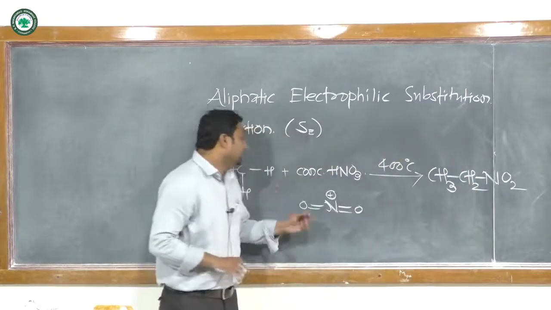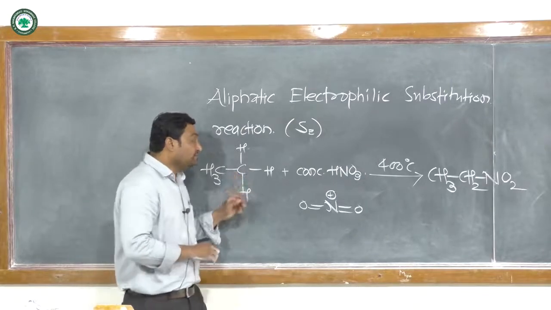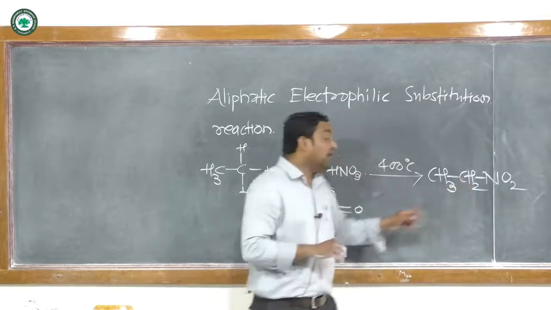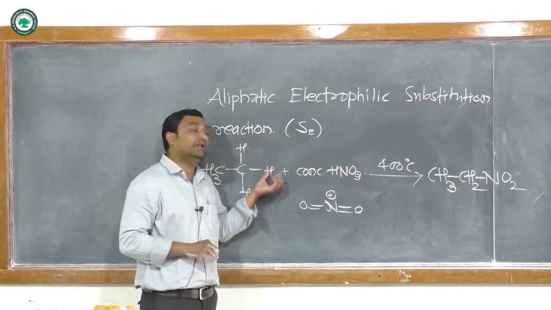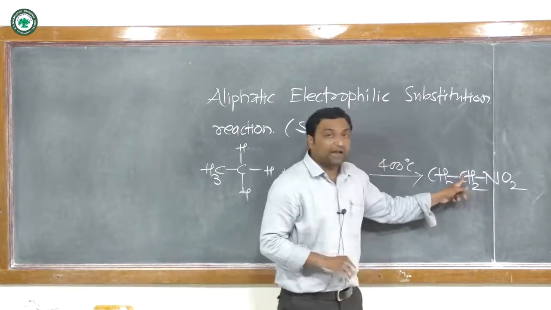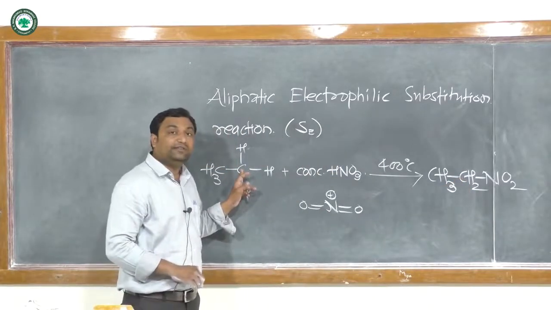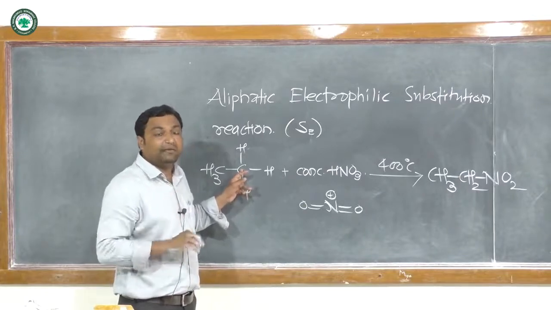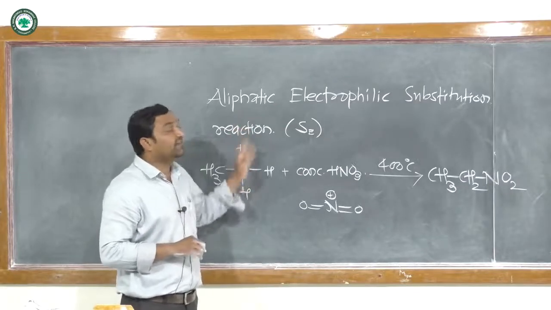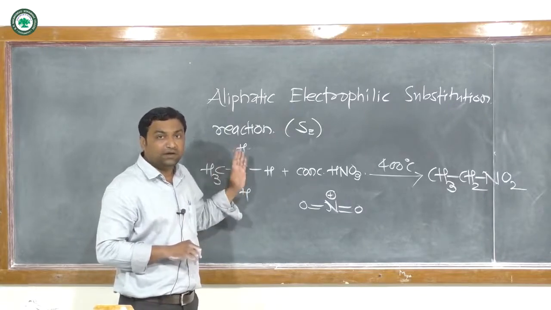When we deal with the hybridization of this carbon atom from the reactant and of the carbon atom from which we have replaced hydrogen by NO2, we will obtain that both carbon atoms have the same hybridization. So in this case also, the hybridization of the carbon atom does not change.